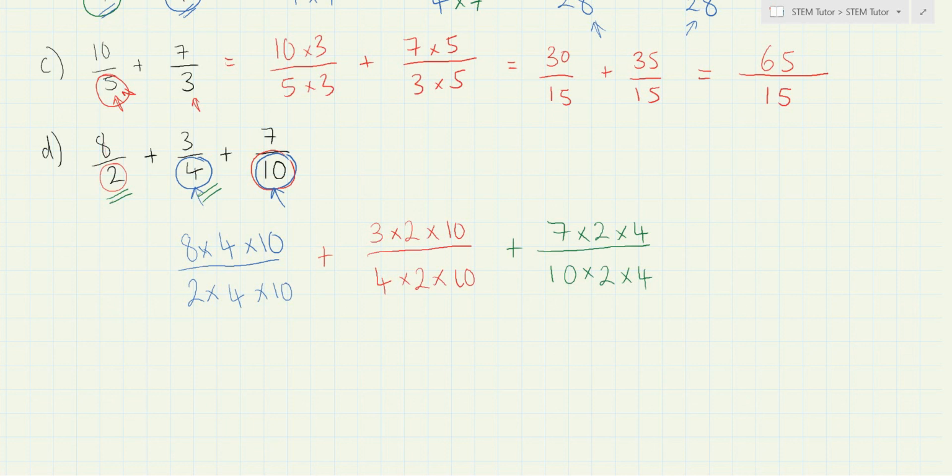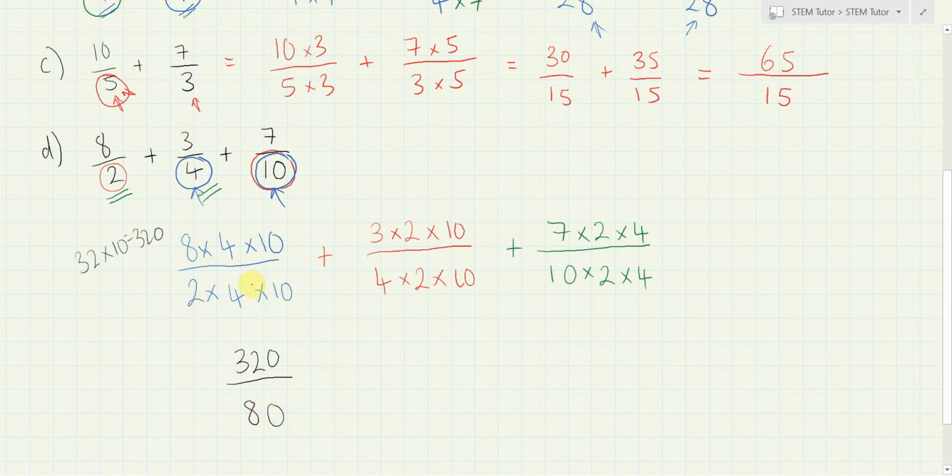And now you work out those multiplications. So here we'd have 8 times 4, so it's 32, multiplied by 10 is 320. So we have 320 all over 2 times 4 is 8, times 10 is 80.